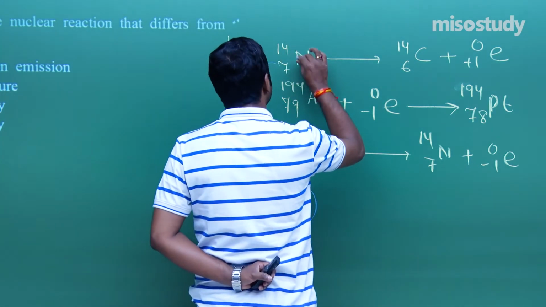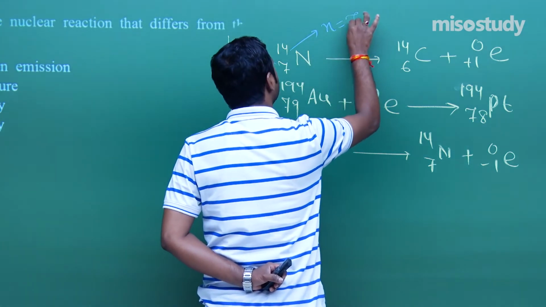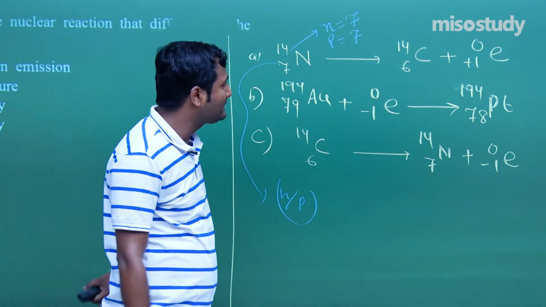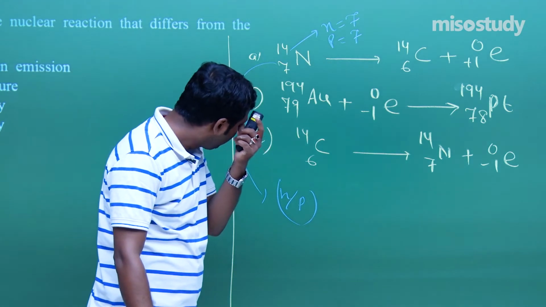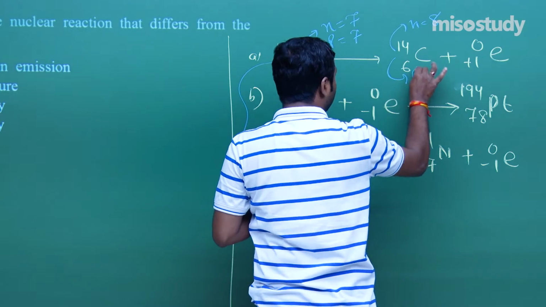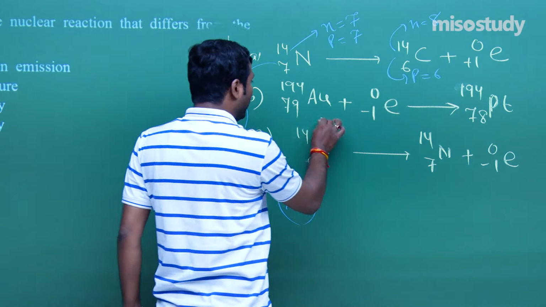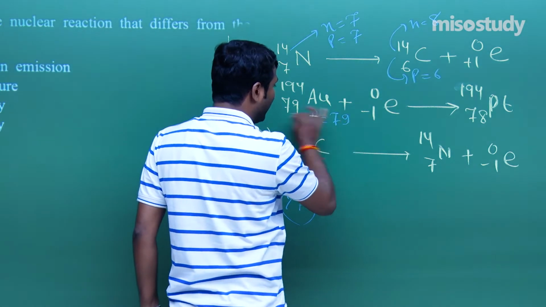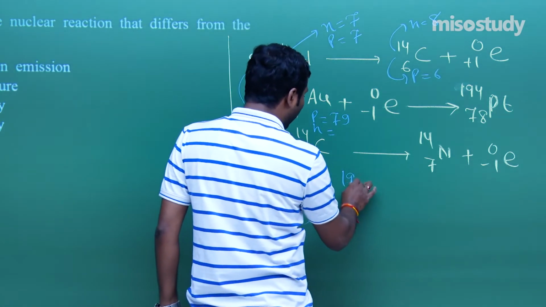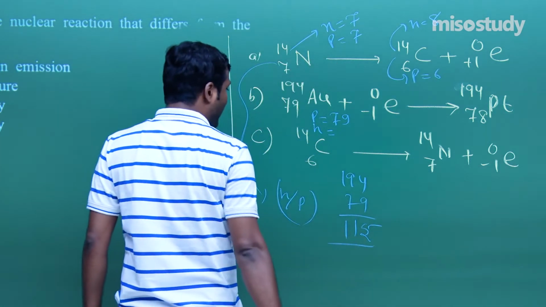Nitrogen has N equal to 7 neutrons and 7 protons. When it converts to carbon, tell me, in this case the neutron is 8 and the proton is, my friend, 6. Now if I talk about Au again, Au has protons 79, and what about the neutrons? Neutrons are 194 minus 79, that is 115.